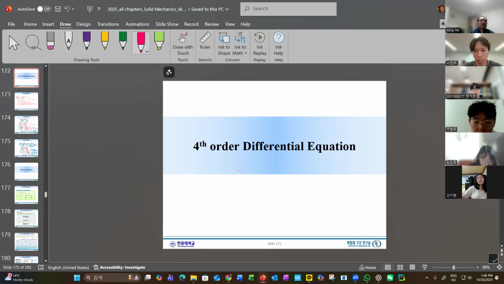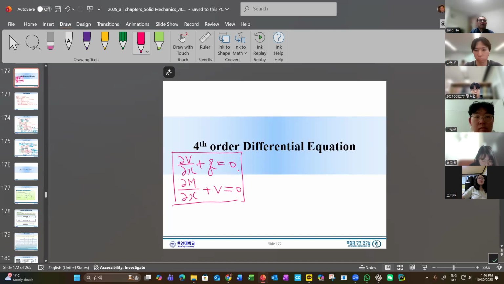Say moment plus V equals 0, and well, start with say dV plus Q equals 0. Well, this is the equilibrium.